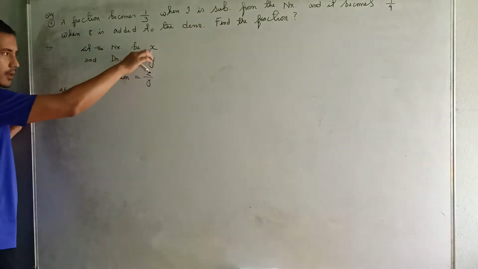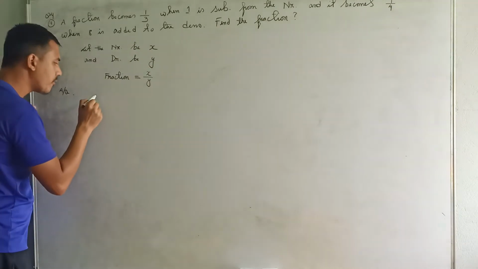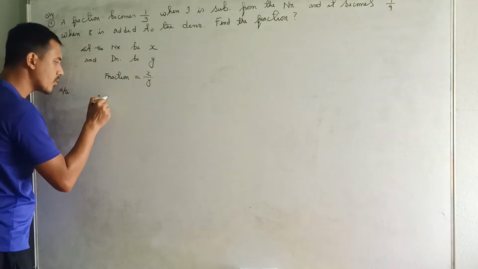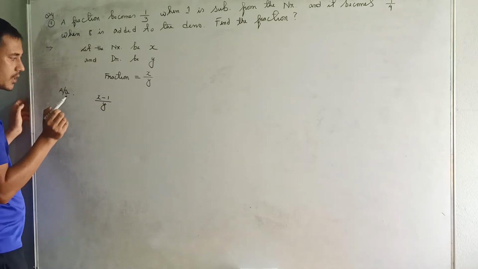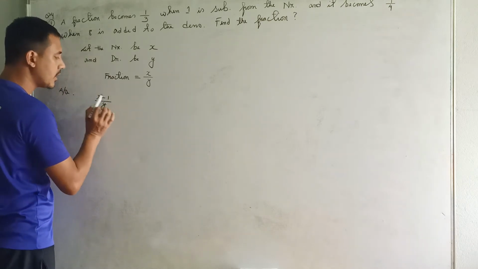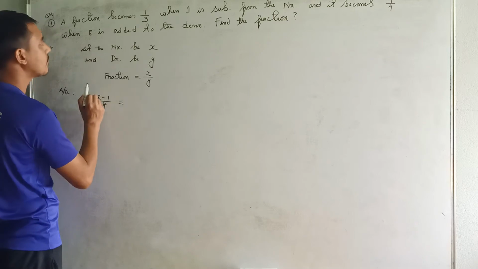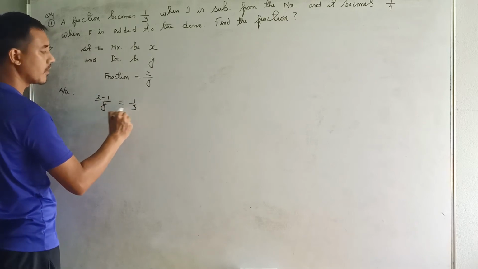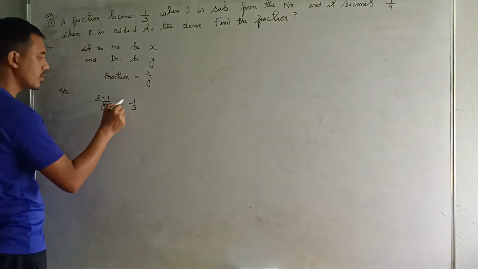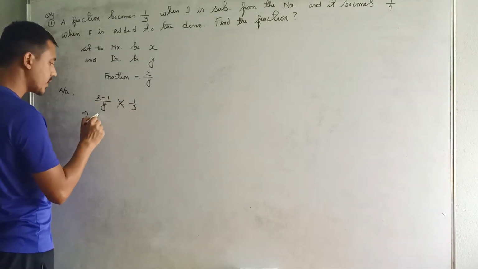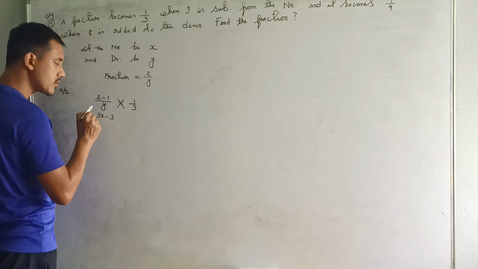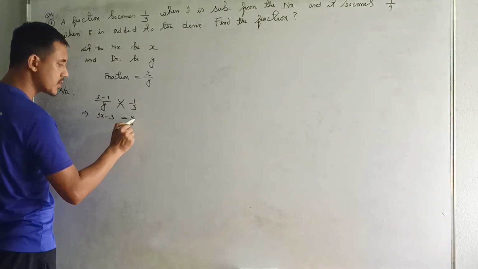What is your numerator? x, right? So from the numerator, when you subtract 1 and no change is made to the denominator, then the resultant fraction will become 1 by 3. Now we cross multiply: 3 times x minus 1, 3x minus 3 is equal to y.